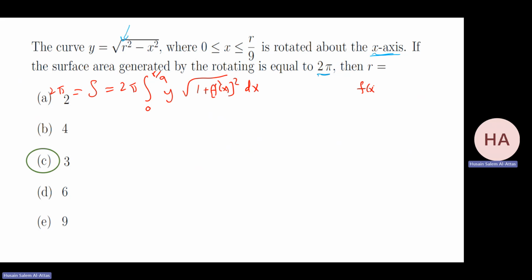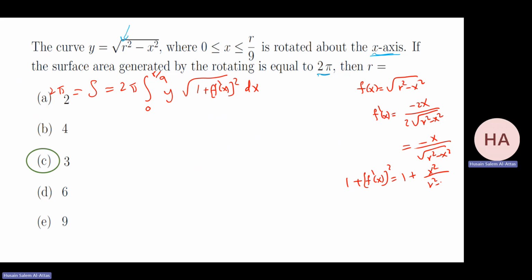I have f of x is this. So f prime will be 2 square root r squared minus x squared, minus 2x, that will be minus x over this. So 1 plus f prime of x all square will be 1 plus x squared over r squared minus x squared, that gives me r squared over r squared minus x squared.